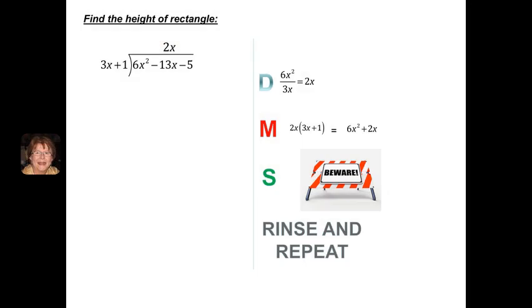So that'll give you 6x squared plus 2x. Where do you place that? You're going to place it in the dividend. 6x squared plus 2x. The next step is subtraction. I want you to think about that. I want you to beware and look at the next slide to get what your next step will be.